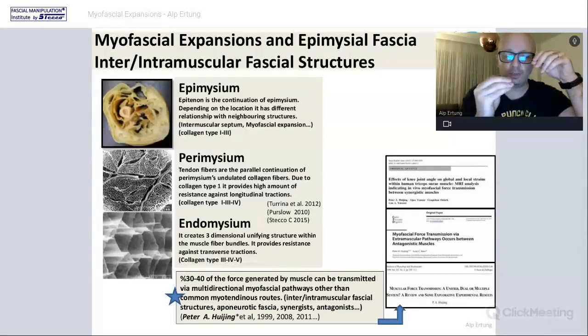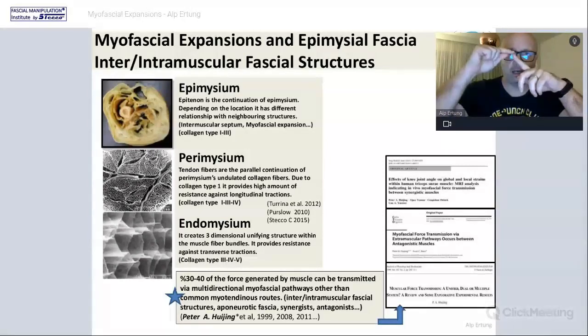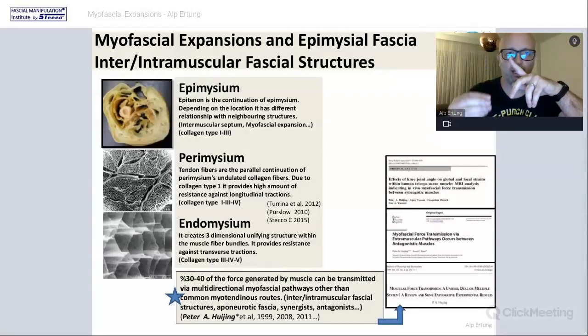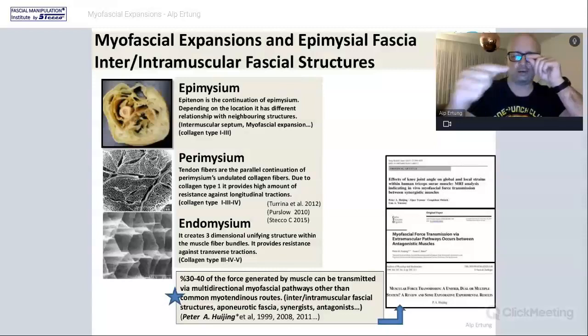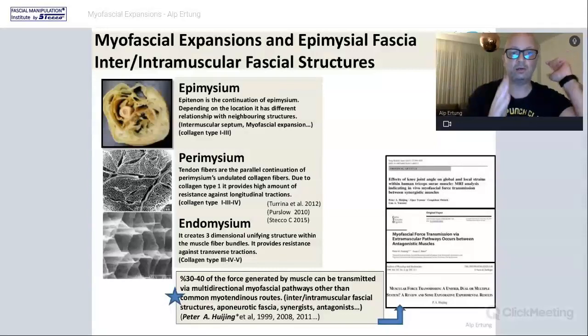The endomysium and epimysium also have a role in this, in the contraction of the muscle and the length change of the muscle. And this change is perceived by the aponeurotic fascia covering all the muscles, especially in the extremities, creating that line of relationship between the related structures depending on the direction of the movement.